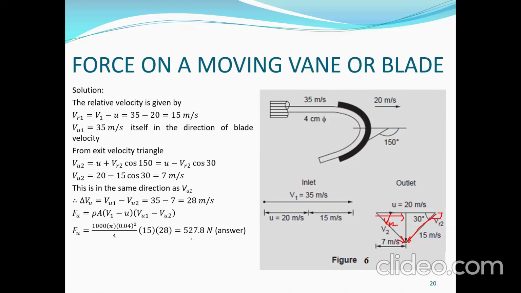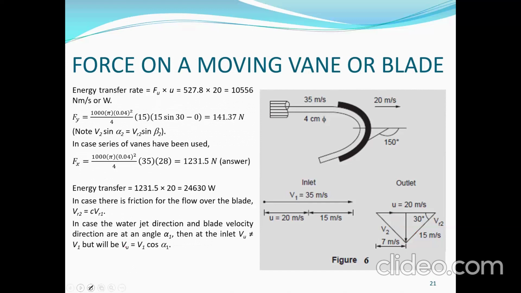Ito na yung force. So, energy transfer rate, FU times U. So, 527.8 times 20 is 10,556 Newton meter per second or watts.